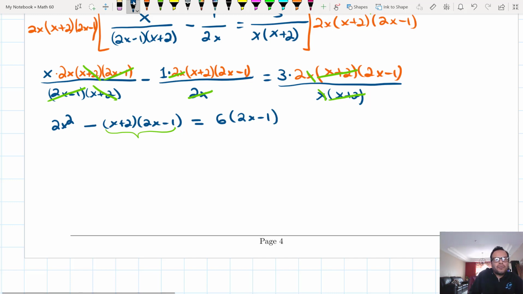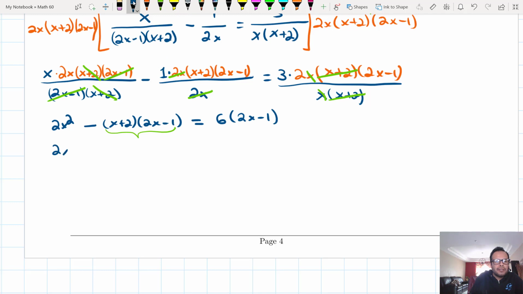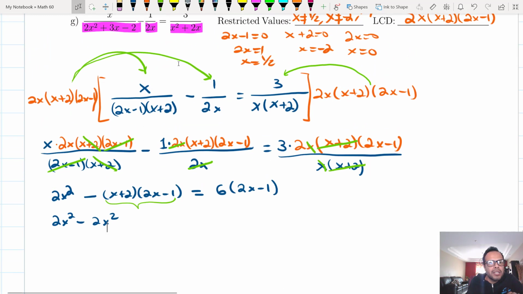Okay, so let's write down everything we are left with first of all. 2x squared minus, what was the answer to this? 2x squared plus 3x minus 2. But be careful with this negative sign, because this negative sign will affect everything inside.